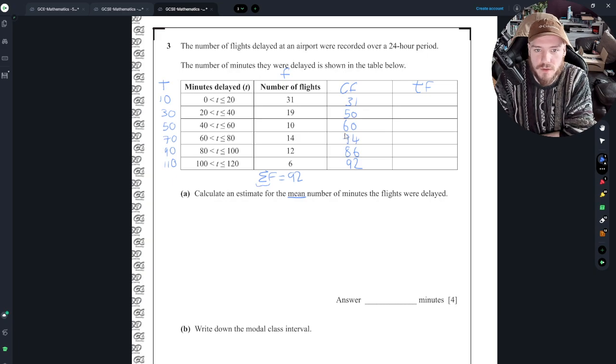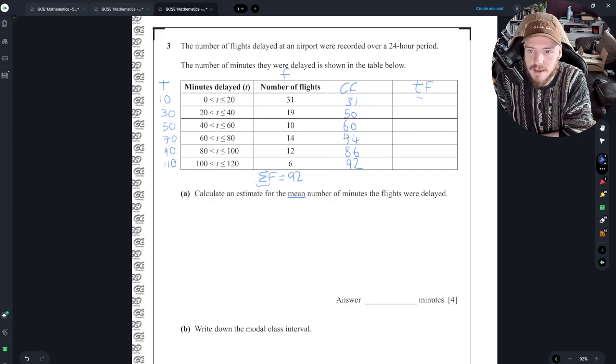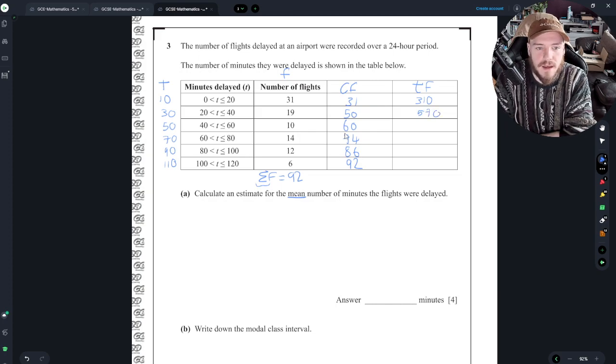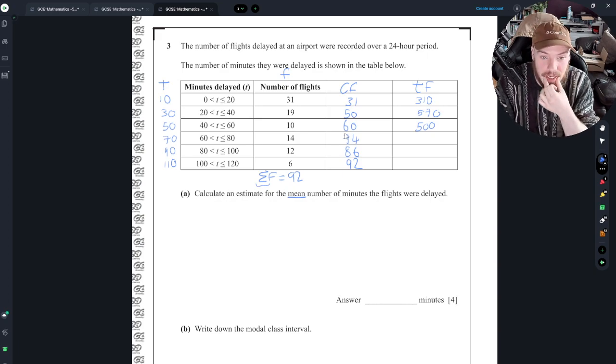So the total number of minutes delayed would be 31 multiplied by 10, which is 310. 19 multiplied by 30 would be 600 minus 30, so it would be 570. 10 multiplied by 50 is 500. 14 multiplied by 70 will be about 980.